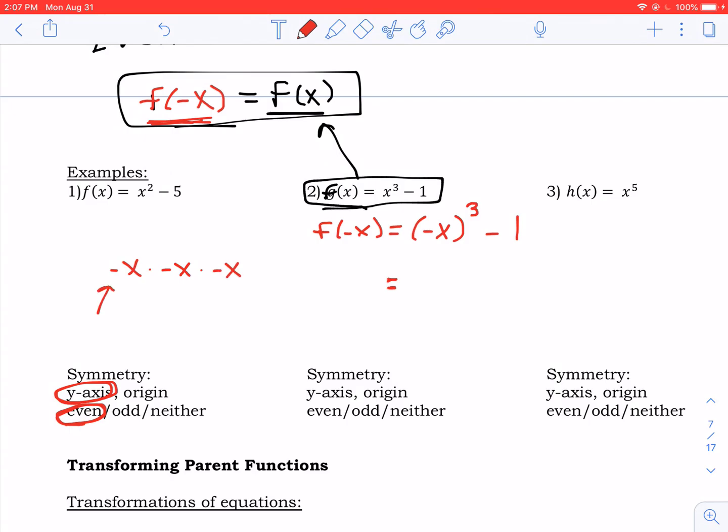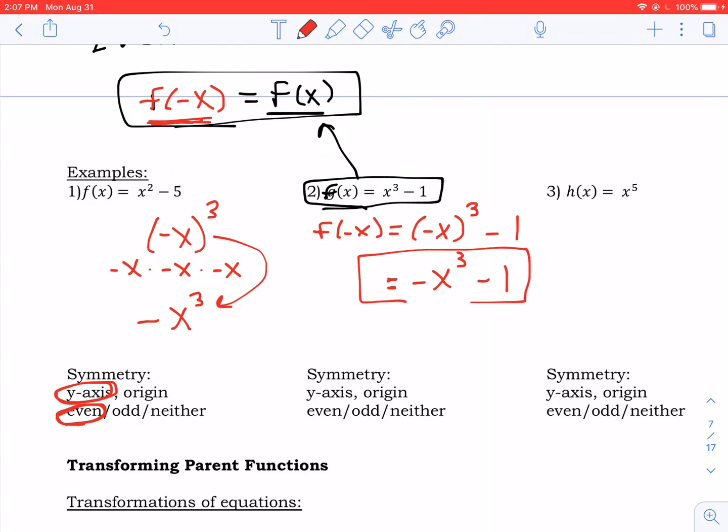Well, a negative times a negative times a negative is a negative, and x times x times x is x cubed. So it turns out negative x cubed is negative x cubed, just like it sounds. And let's not forget the minus 1.